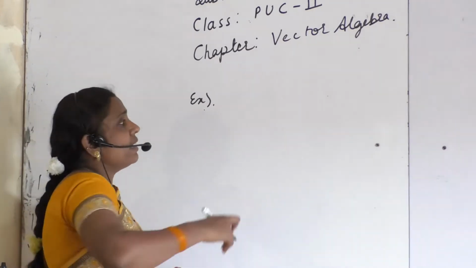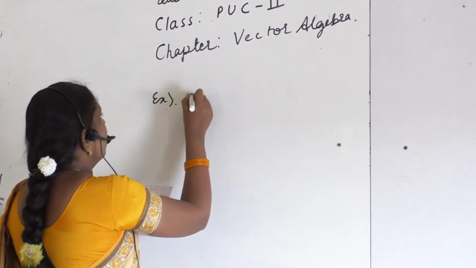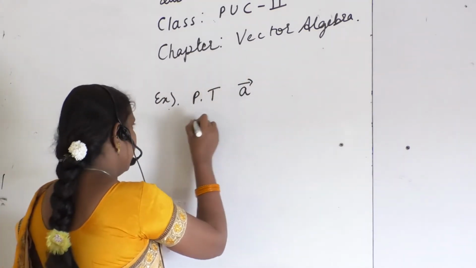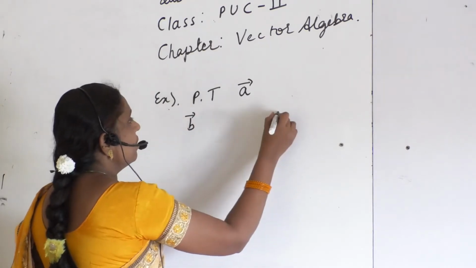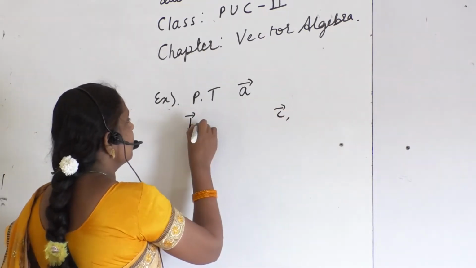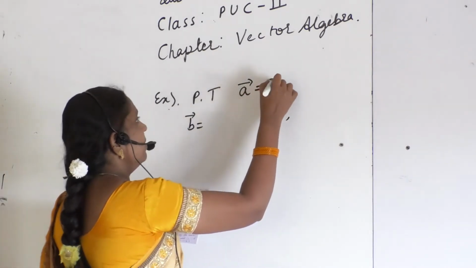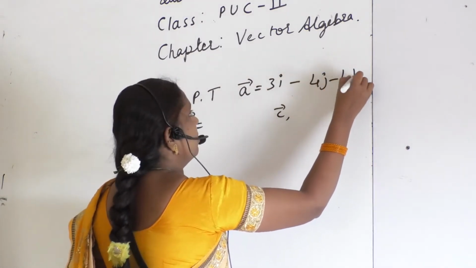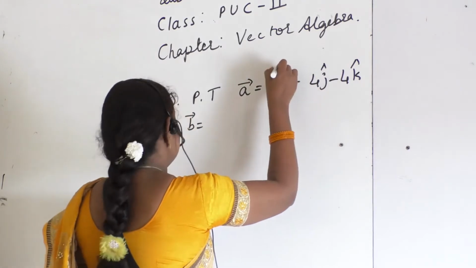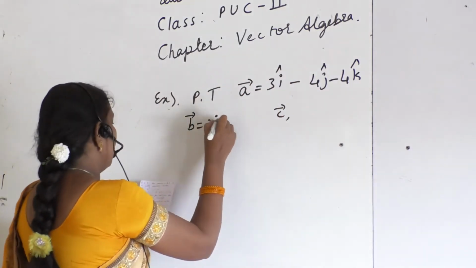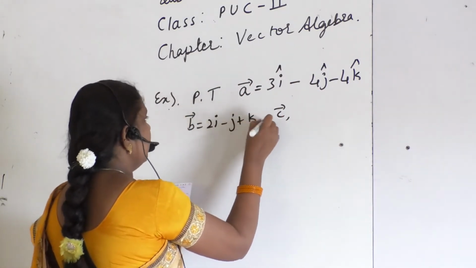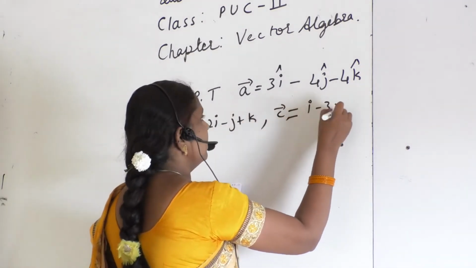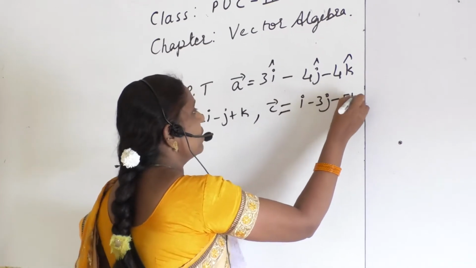So let me write what is given: the vectors A is 3i minus 4j minus 4k, B is 2i minus j plus k, C is i minus 3j minus 5k.